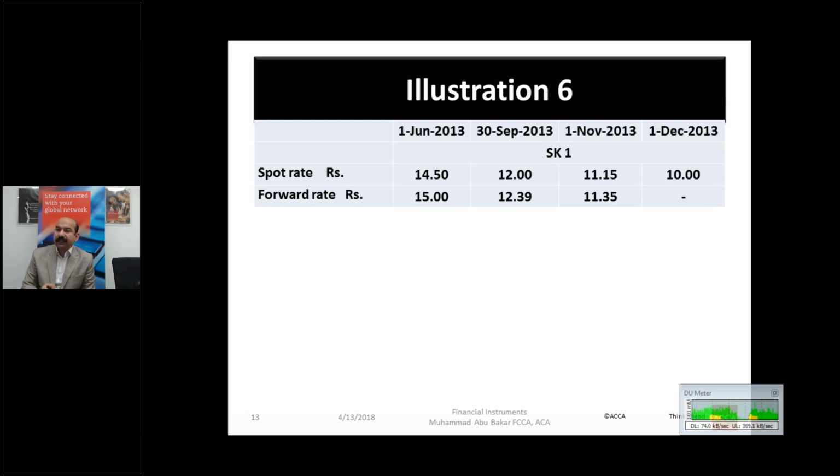And on 1st November 2013, when we actually received the property, plant and equipment, the spot rate was 11.15 and the forward rate was 11.35. And on 1st December 2013, when the forward is actually settled, the rate was 10. Of course, on the same date, the forward rate becomes the spot rate.